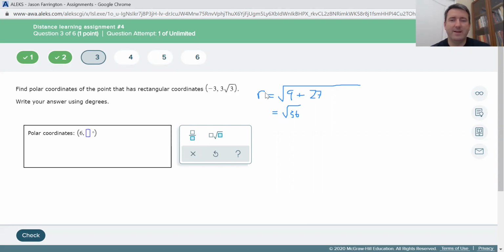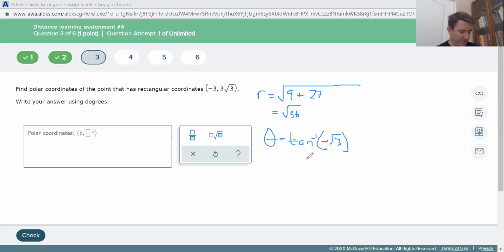And then theta is going to be the inverse tangent of 3 square root of 3 over -3. So it's going to be negative square root of 3.